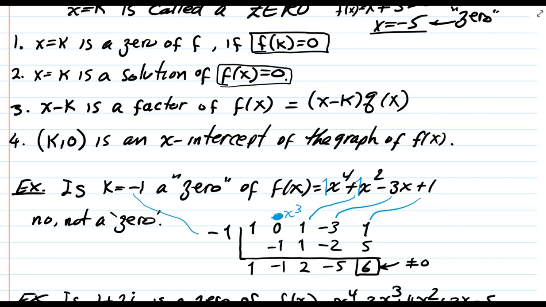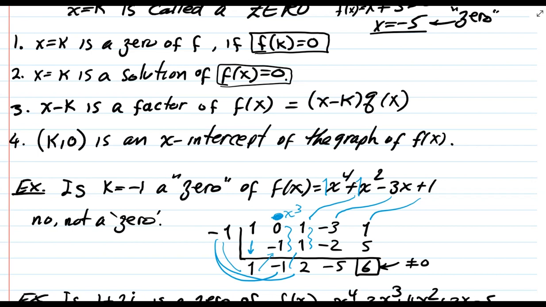Write -1 in here. And then we begin the process. Bring 1 down. Okay. Multiply -1 times 1. Write it here. And then add 0 and -1. You get -1. Multiply -1 times 1. Write it here. Add those two. You get 2. Multiply -1 times 2.